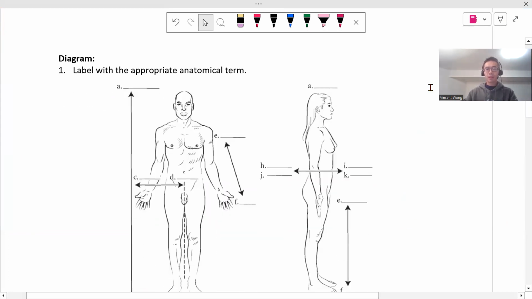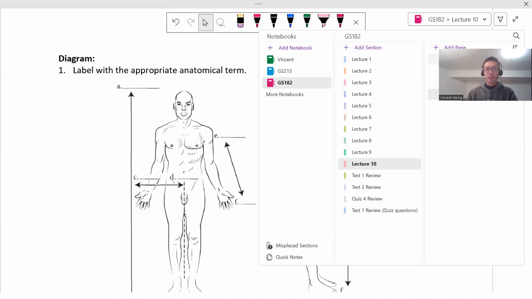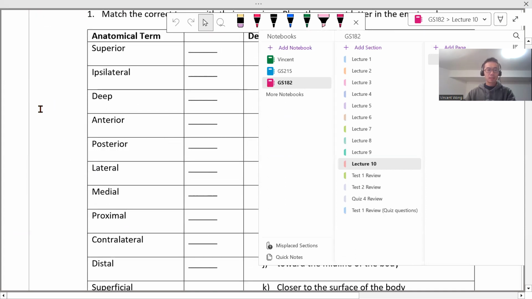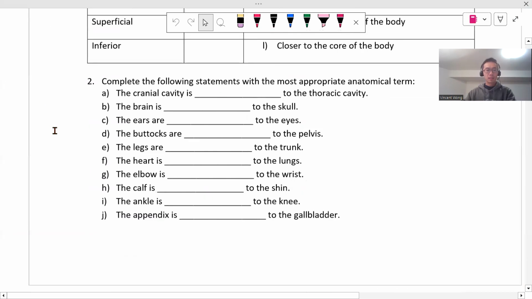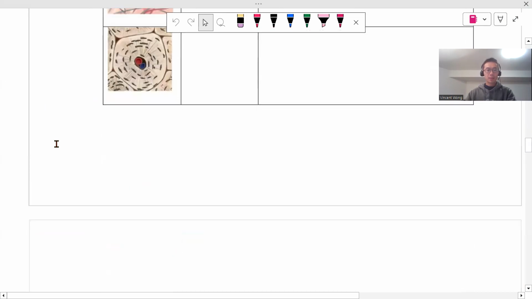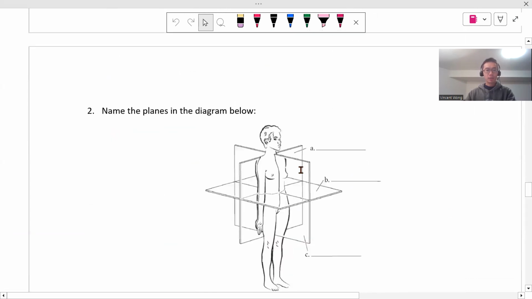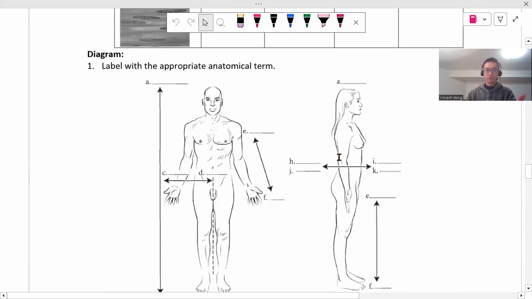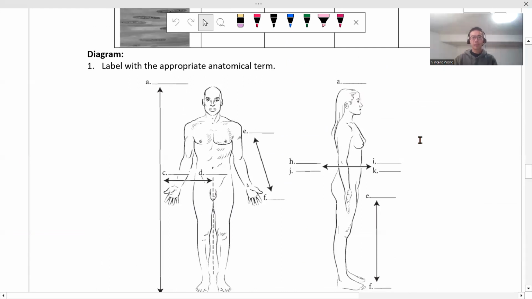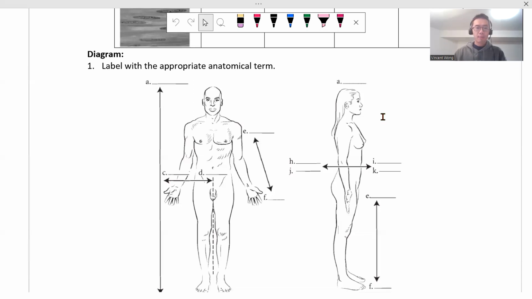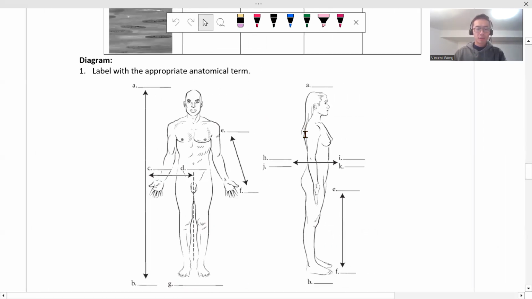So there's this picture that we're going to fill in together. Label the appropriate anatomical terms.